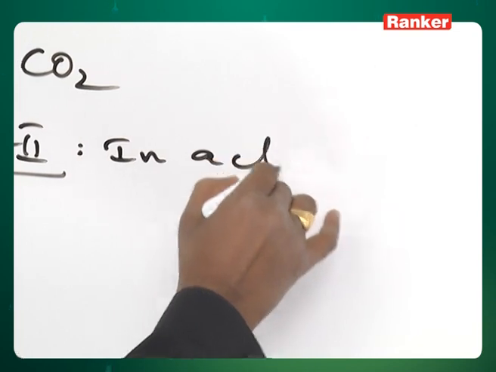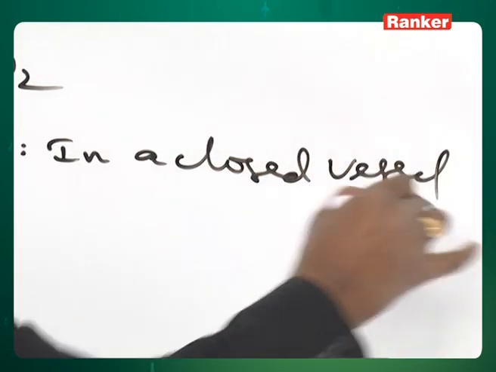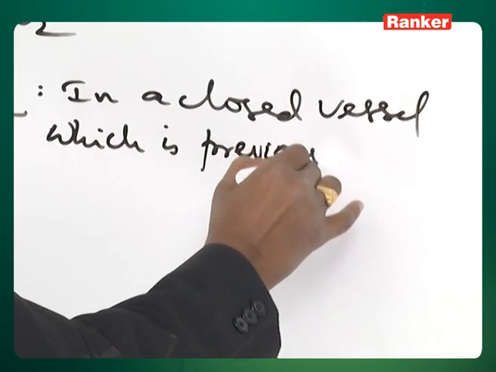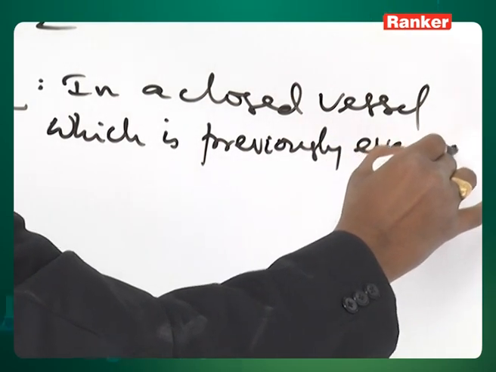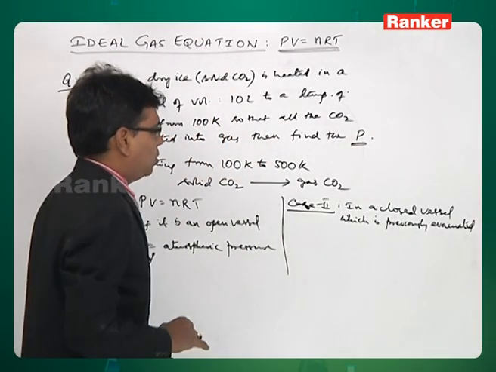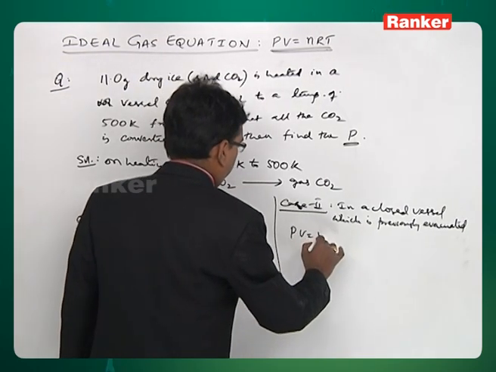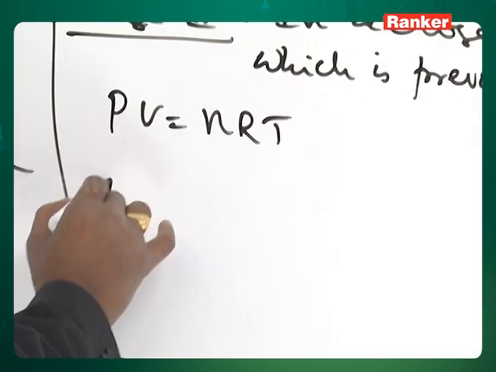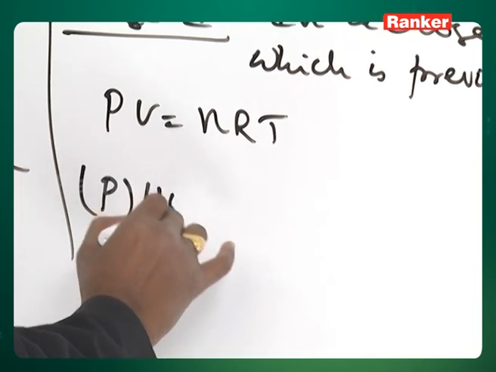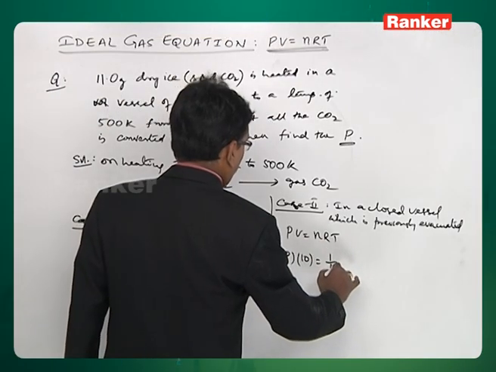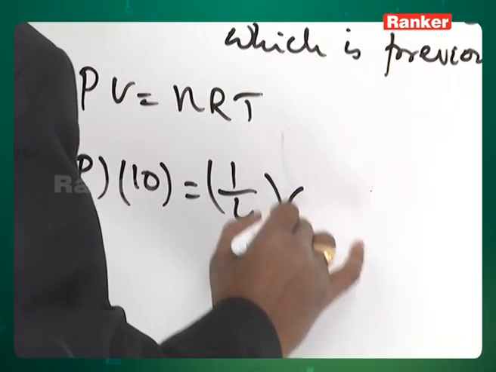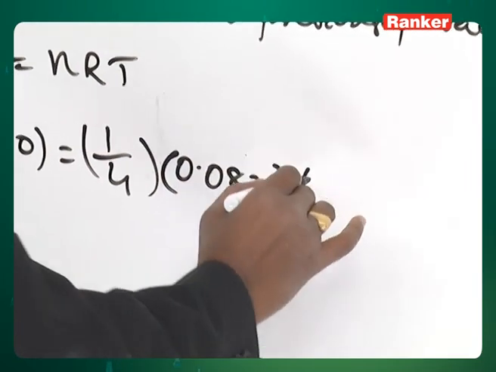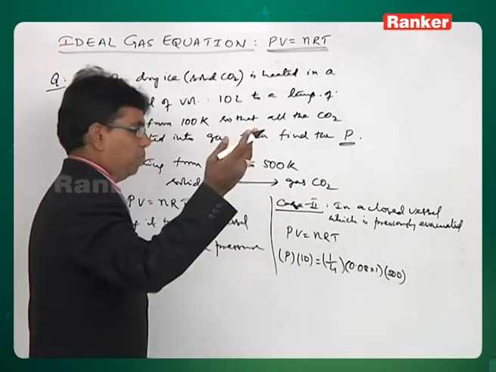in a closed vessel which is previously evacuated. When the vessel is previously evacuated, then you apply PV equal to nRT. First of all what we have to find out is the pressure, and volume is 10 liters, and 11 grams is 1/4 of a mole, into 0.0821 into the temperature, 500 Kelvin, because that temperature is what we require.